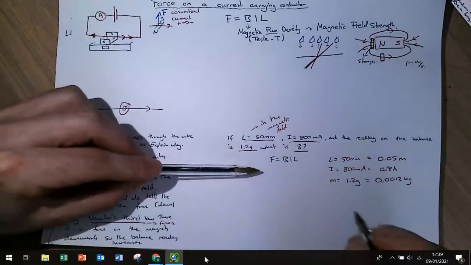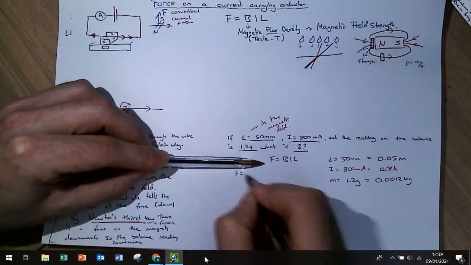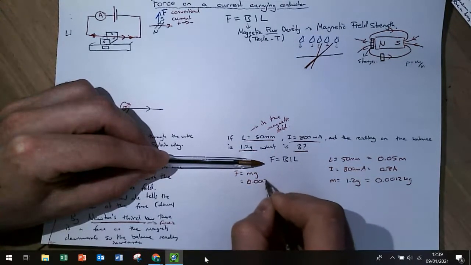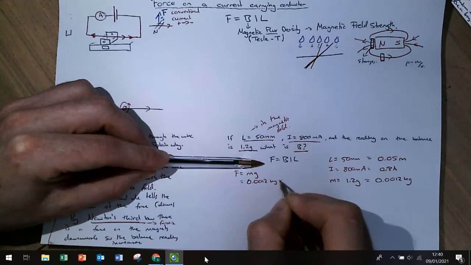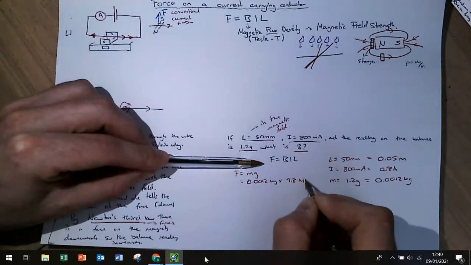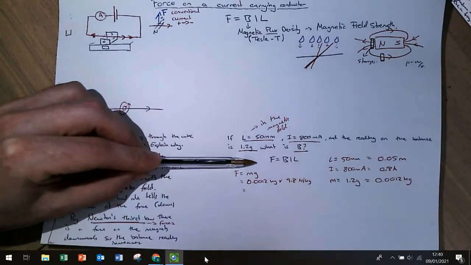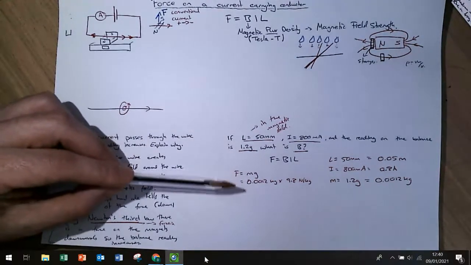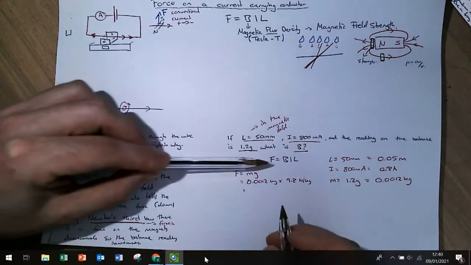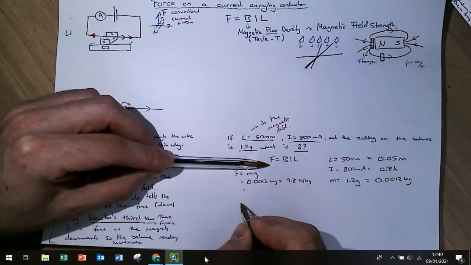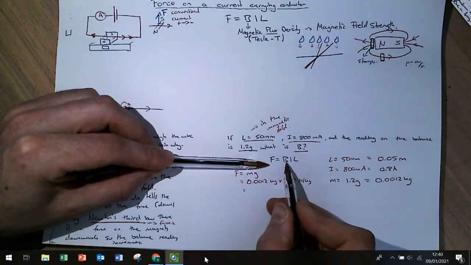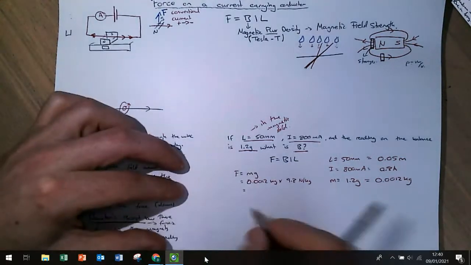So now we need to say that force is actually mass times gravity, so it's 0.0012 kilograms times by 9.8 newtons per kilogram, and that will give us our force. And then we need to say that magnetic flux density is force divided by current times length.